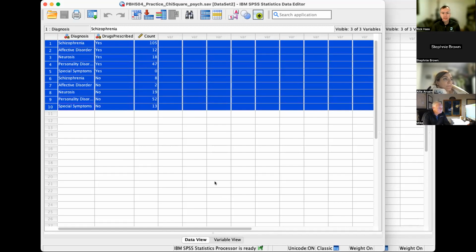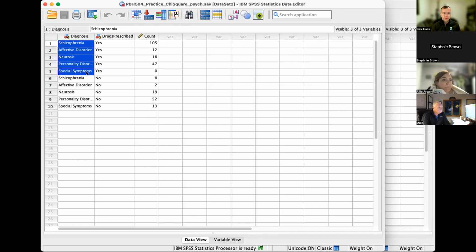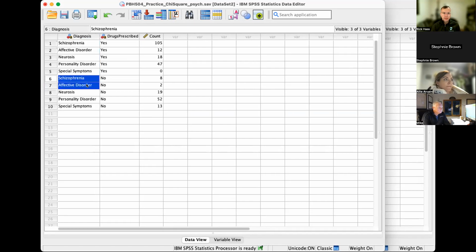And we can actually see it in the PDF. If you scroll to the end, you'll see it. We can see it here, right? So we have diagnosis: schizophrenia, affective disorder, neurosis, personality disorder, special symptoms. And then we have that repeated again because we've got the yeses and the nos. And then we have a count of how many there were in each cross classification.